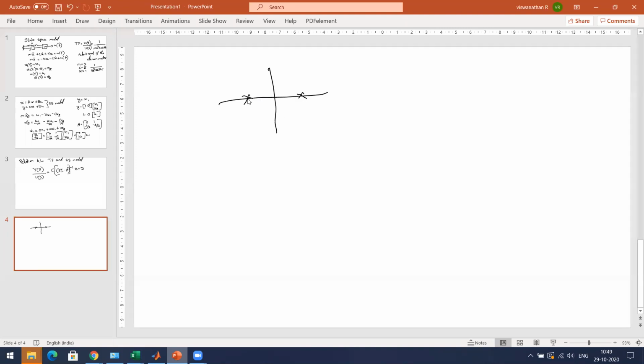Is this a stable system? No, sir, it's not. So what you do is you use a method called pole placement, and shift this pole over to the left side.